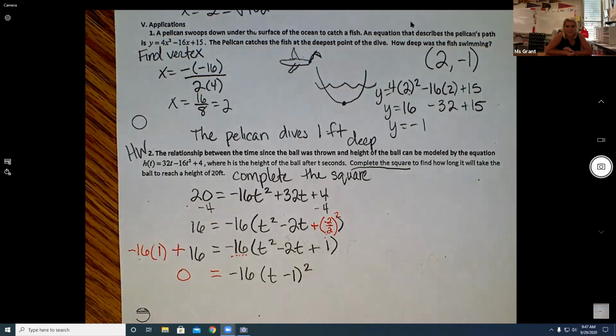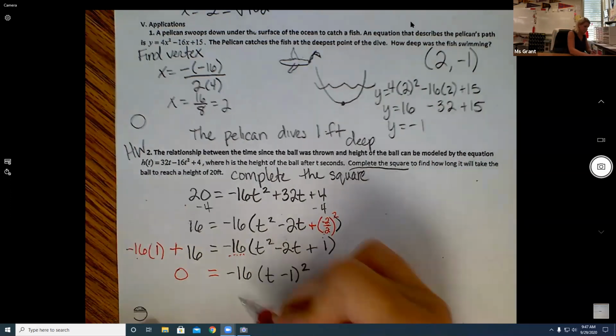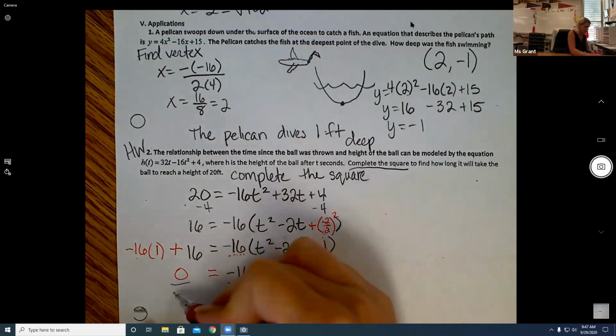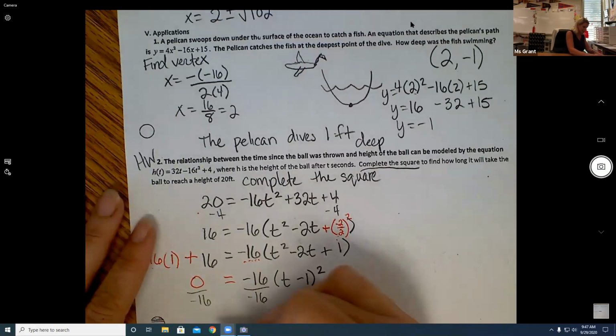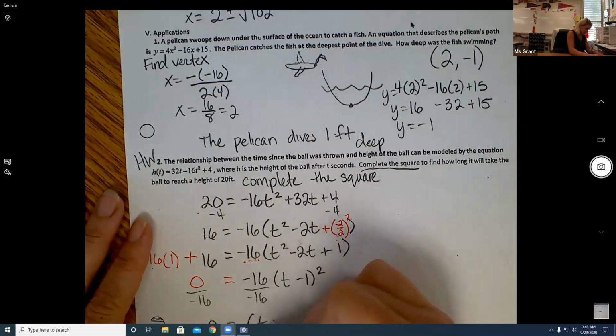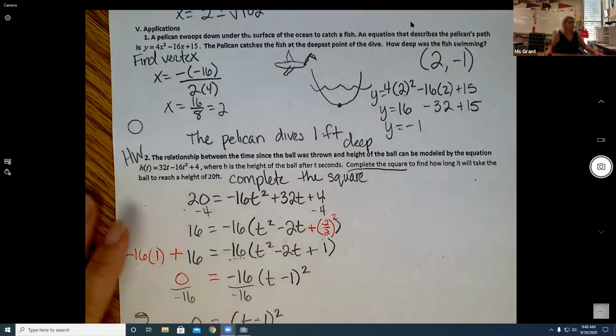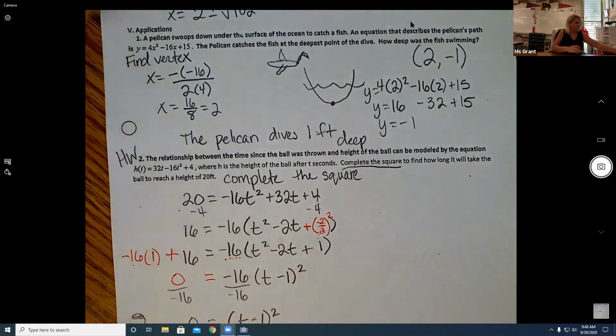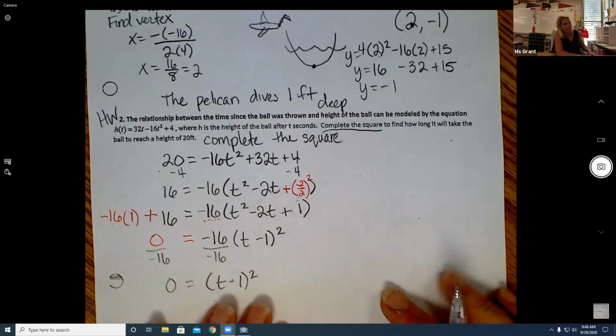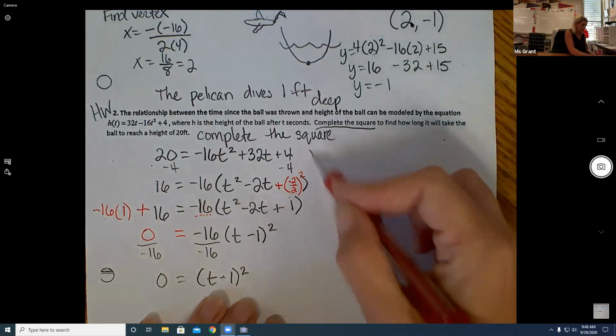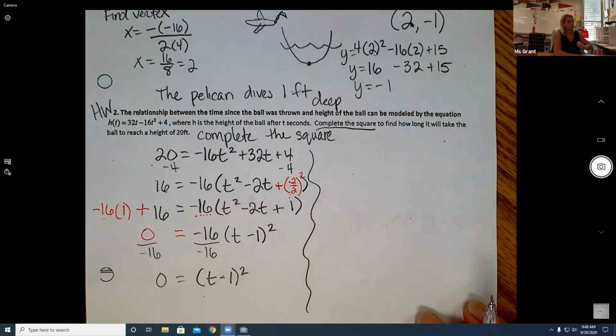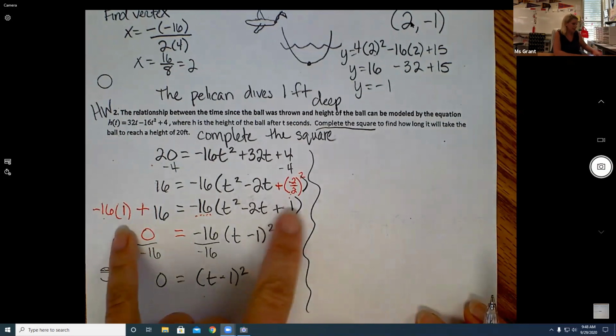Then I get rid of the negative 16 by dividing by negative 16 on both sides. It's still 0. I need to show you the other way to complete the square, because this part right here is confusing.